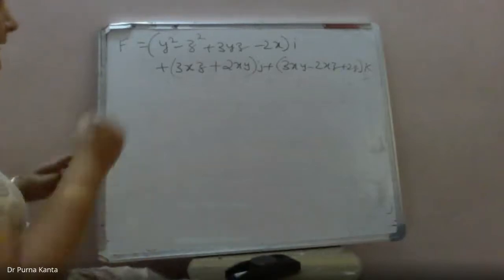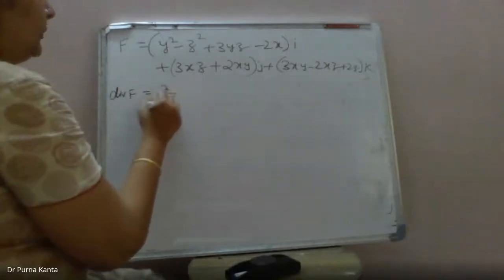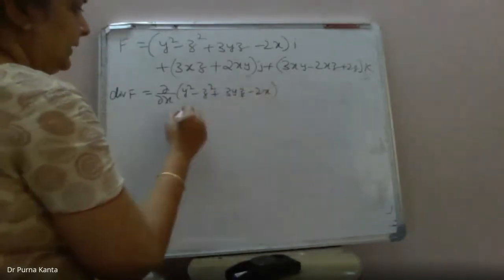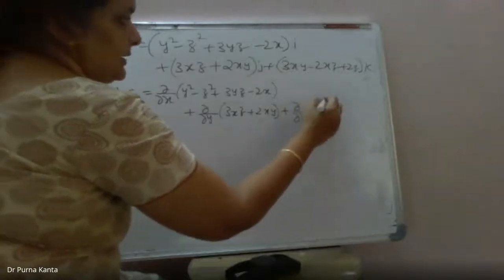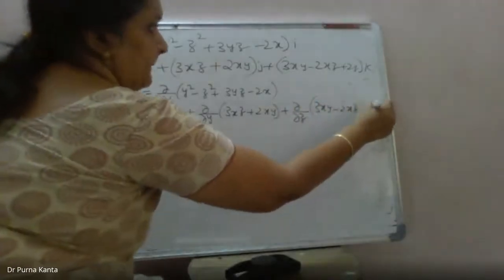So first we'll calculate div f. Divergence of f means dou by dou x of the i component, y square minus z square plus 3yz minus 2x, plus dou by dou y of the j component, plus dou by dou z of the k component, 3xy minus 2xz plus 2z.